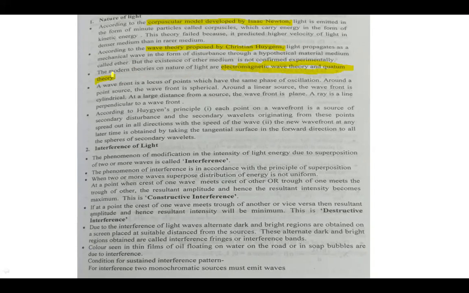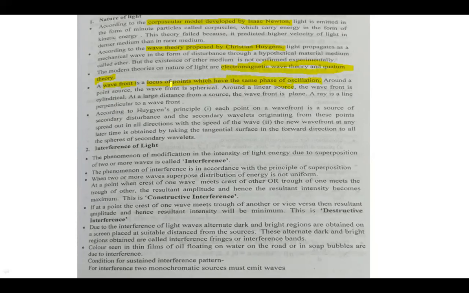Next, what is a wavefront? This is also very important. A wavefront is the locus of points which have the same phase of oscillation.